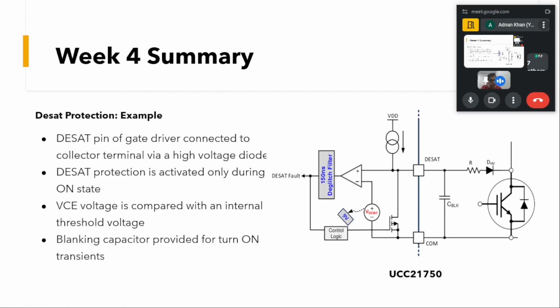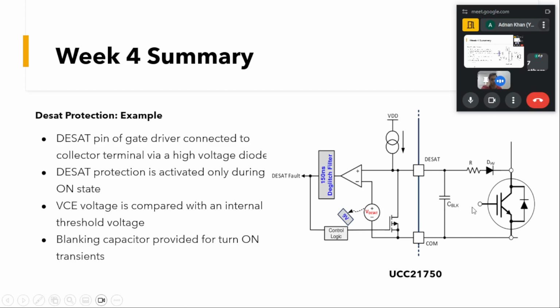When we turn on this device, initially the device is turned off, blocking the full voltage, and this diode is reverse biased. At some point this diode will get forward biased, but if during the turning on the voltage at this point is greater than this threshold of 9 volts, our DSAT protection will get triggered. We do not want that to happen, so we have this blanking capacitor here.